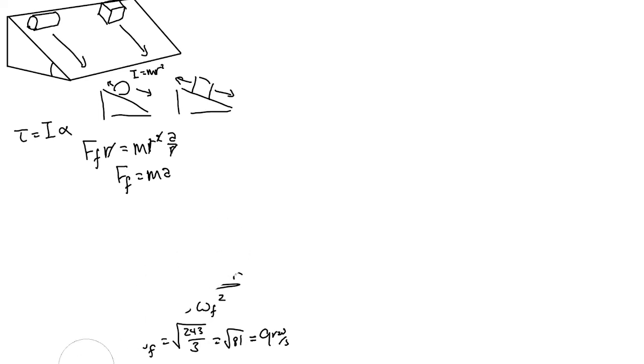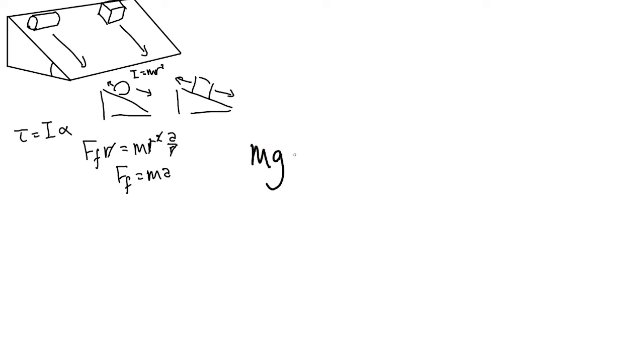While I erase, the big thing that we need to remember now is that we need to find the net force and the net acceleration, right? So let's calculate the net forces for the cylinder. What two forces are acting on it? The one pulling it down and the frictional force that's slowing it down, right? So we have the force pulling it down the ramp, which is going to be mg sine theta, minus our frictional force, going to give us ma.